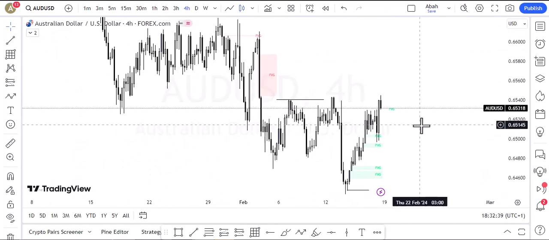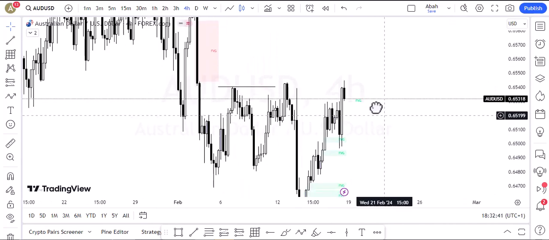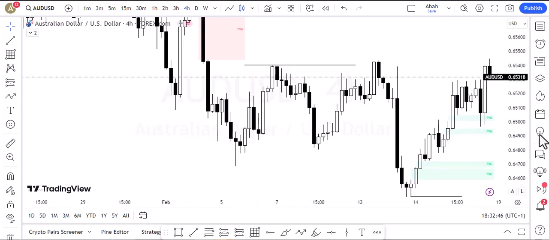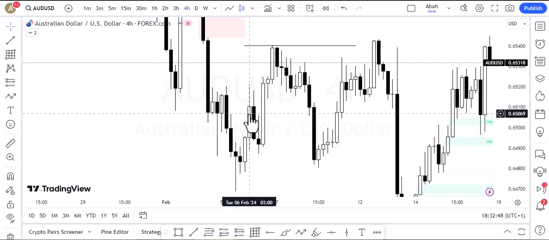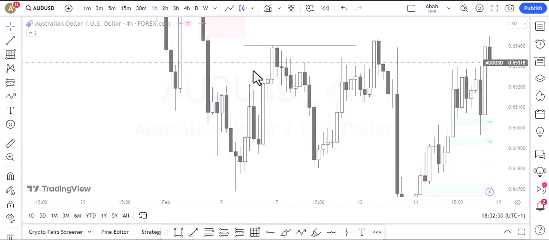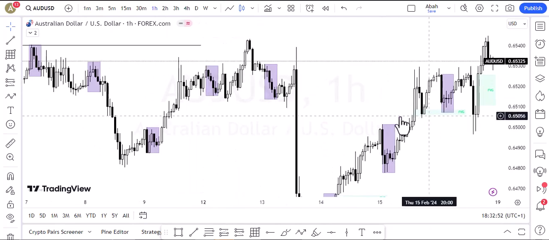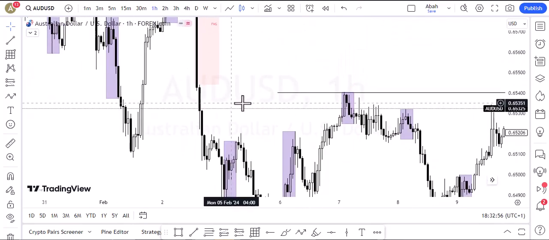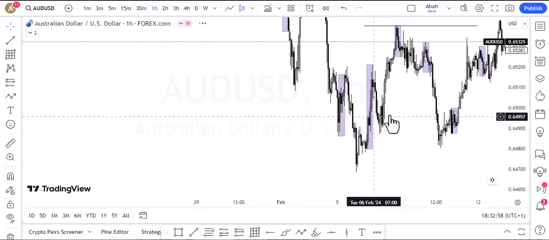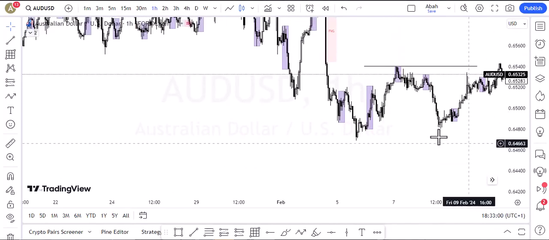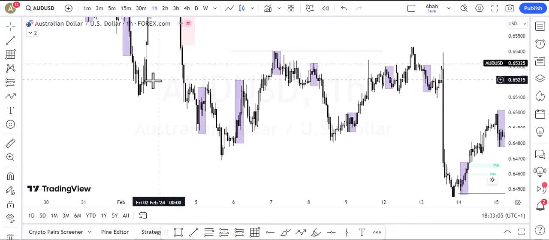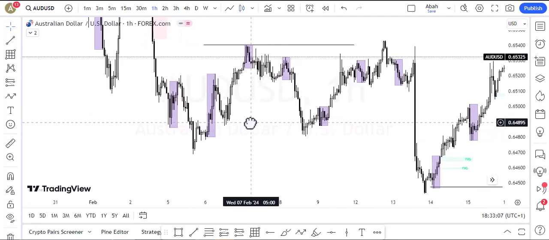Now remember, I told you guys I used to clean up my chart every week. Let me show you guys. It's not really clear here. Let us go to the 1 hour so you see it very clearly. It's not really clear.